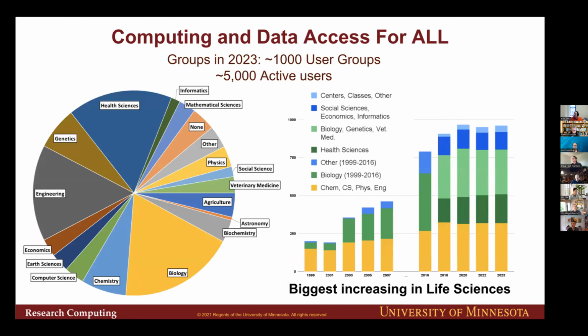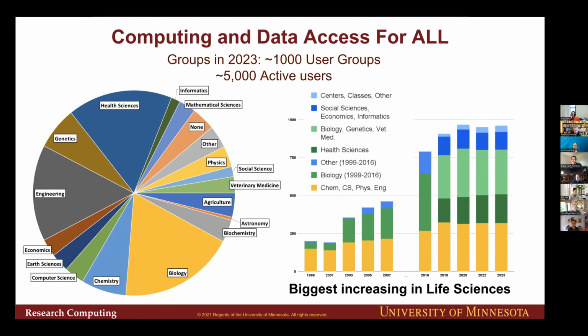And just a glimpse of that value is something shown here, where everyone in this group, I'm sure, can imagine, one of the things we're tracking, a very simple metric, is who's using our systems and what department do they come from, or what area of research do they identify with.